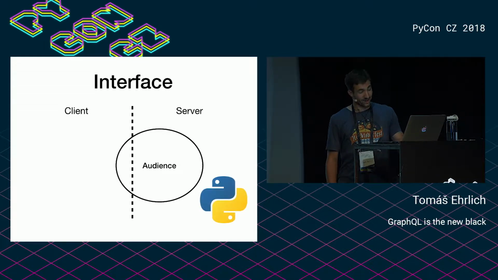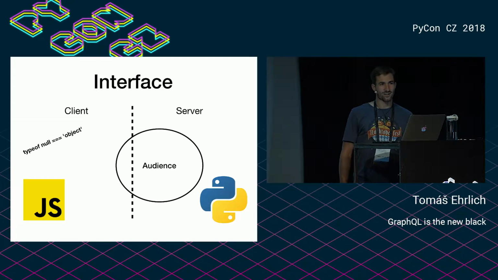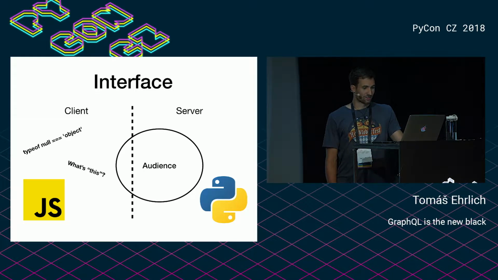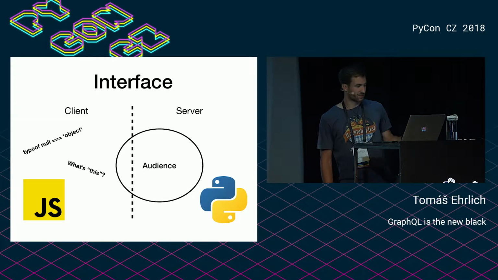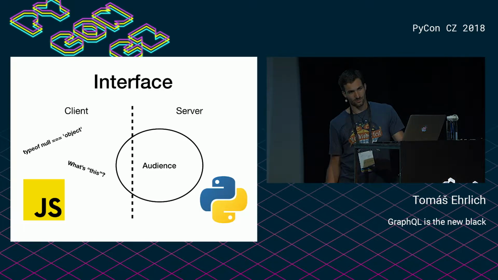On the other hand, the client side, usually in JavaScript, is a bit of an uncharted area where nobody knows what's going on. So I would like to stress the requirements of client sides every time it's possible, because it's actually harder to understand someone else's problem than our own. And it affected the design of this language a lot.